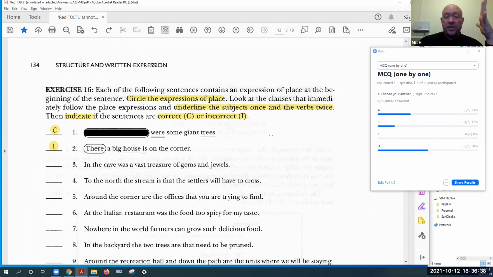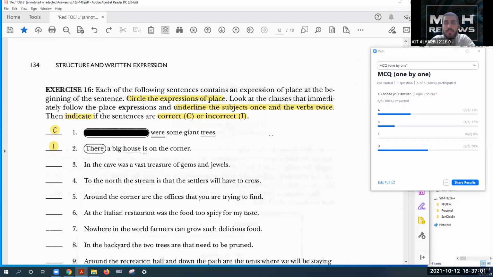Do we have a subject and a verb? Yes, but it's switched. Why do we switch it? Because we add a place expression. The place expression is necessary. That's why we switch it.